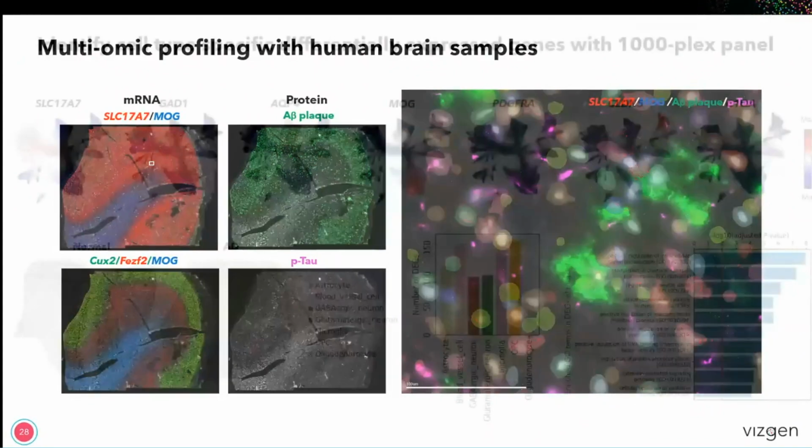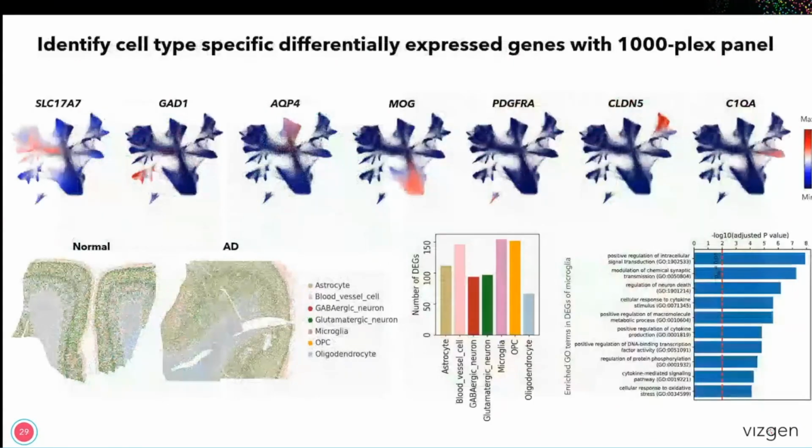So the first comparison I did between the normal and AD brain samples is the gene expression change in different cell types. Here, I first grouped different cell clusters into 7 major cell types to get enough cells, and then performed a differential analysis within each cell population between the normal and the AD samples.